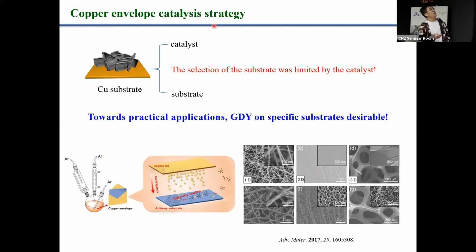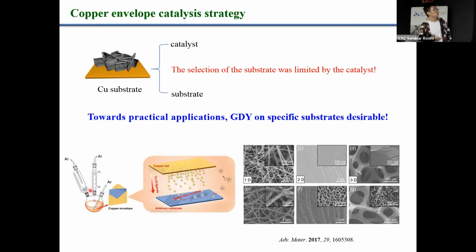But there is a problem. Graphdiyne can only be synthesized on the copper substrate. So if we want to synthesize graphdiyne on bismuth vanadate, it's impossible. So we must develop a method to synthesize graphdiyne on bismuth vanadate. We developed a method we call the copper envelope method.